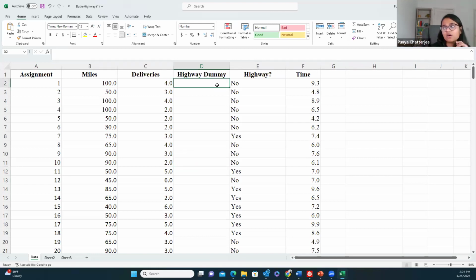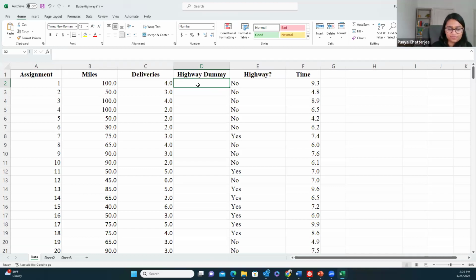Any suggestion on what function I can use to write down my dummies? I want to write that if the highway variable is yes, then it's 1, otherwise it's 0. What about the if function? Exactly, very good. We're just going to use the IF function.